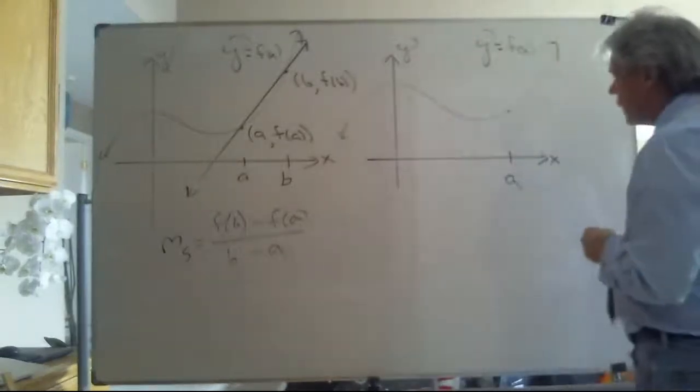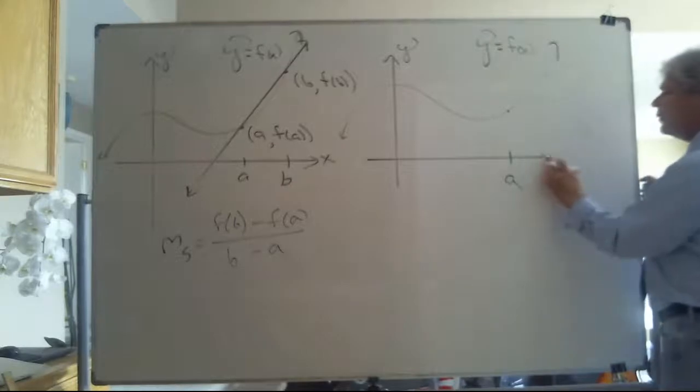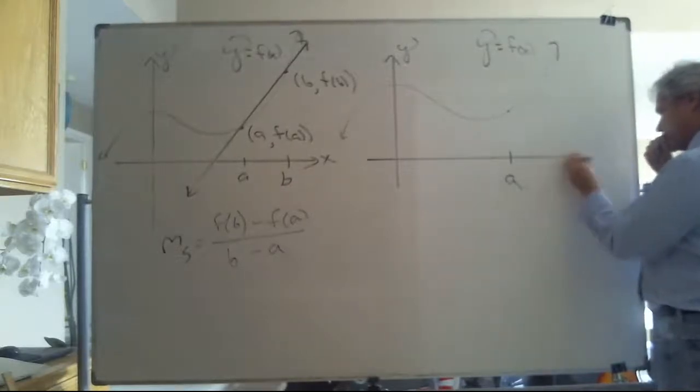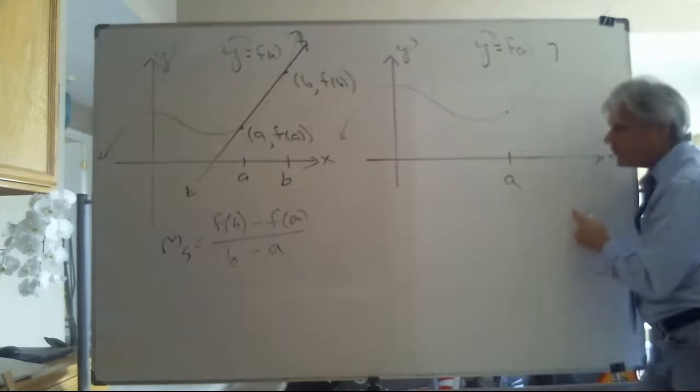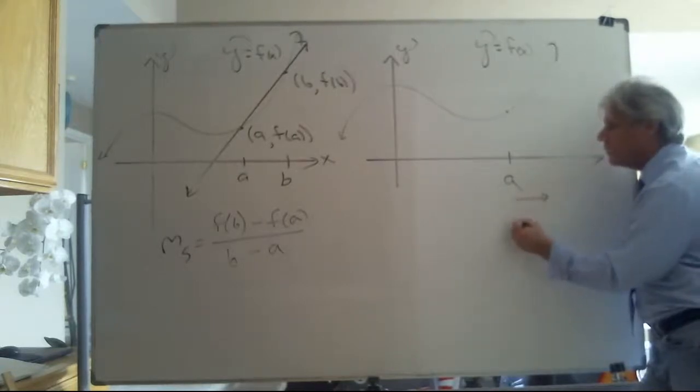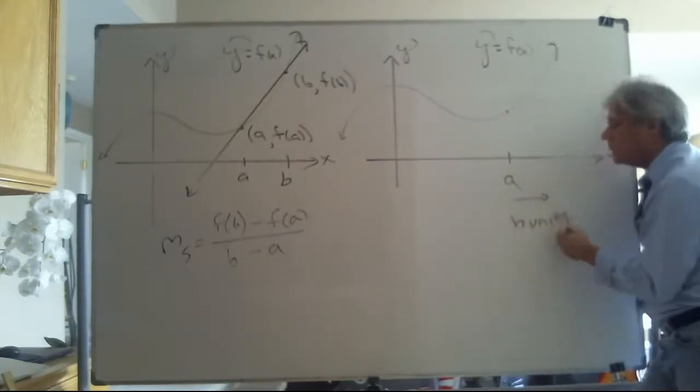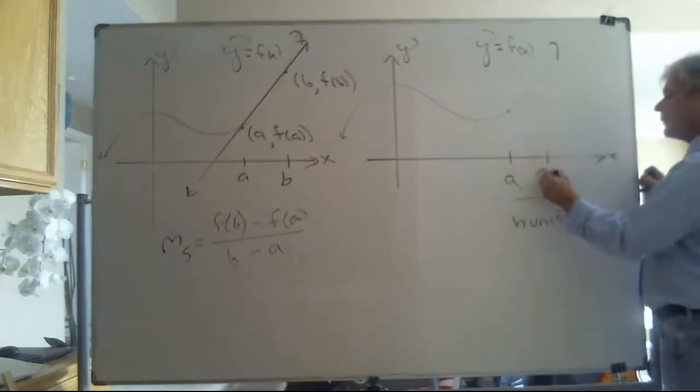Now, I could likewise have done something a little bit different. How about over here? Instead of talking about another position on the x-axis, let's just move to the right, h units. If I do, I'll plant my feet here.